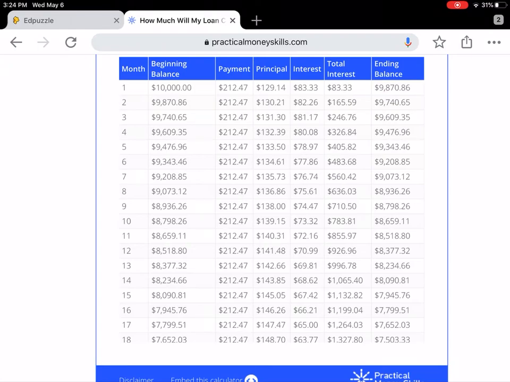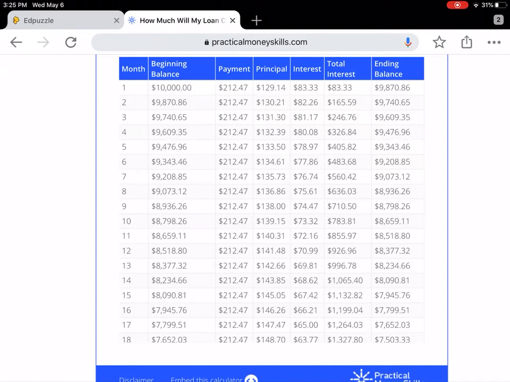So your beginning balance is $10,000, and when you make that $212 payment, $83 of those dollars are going toward interest. And so only $129 are being applied to the $10,000 loan. That means in month 2, your loan is $129 less, and so on and so forth.